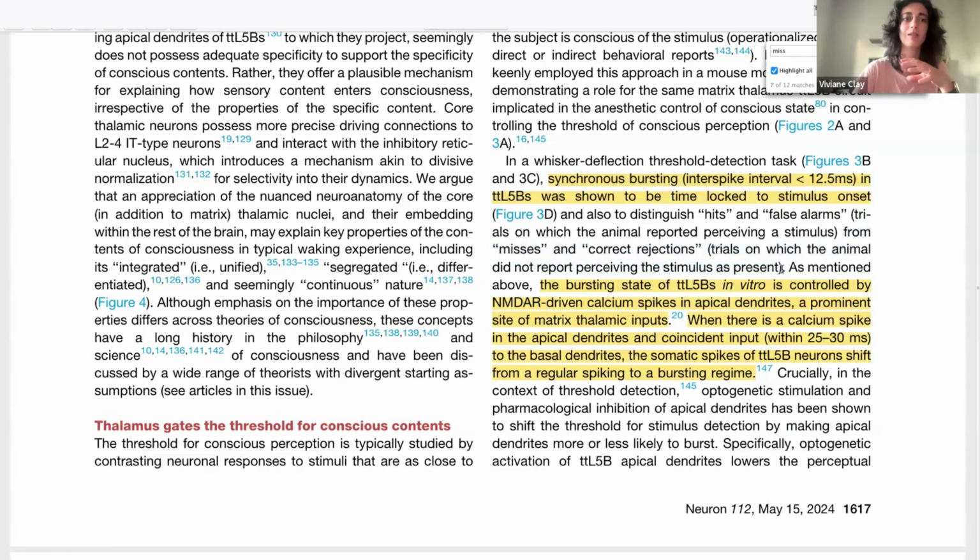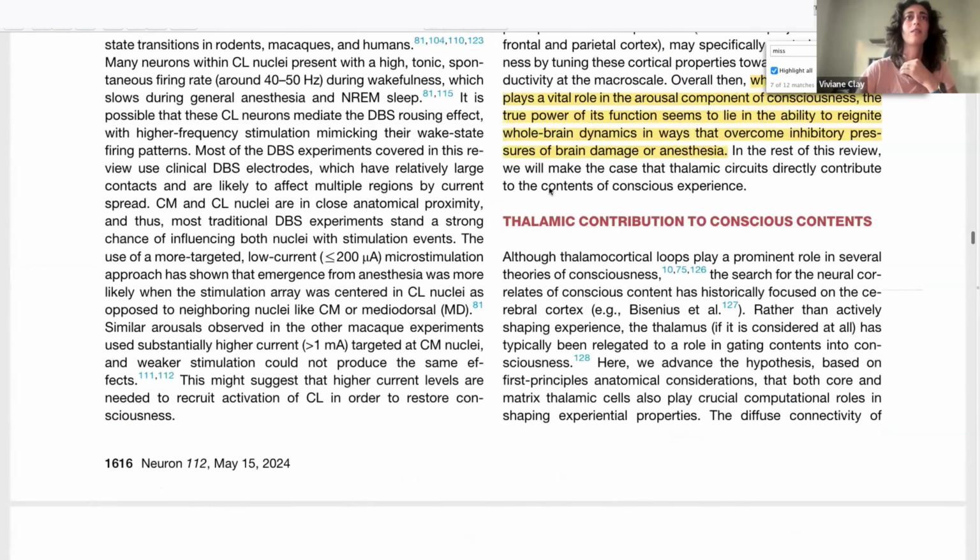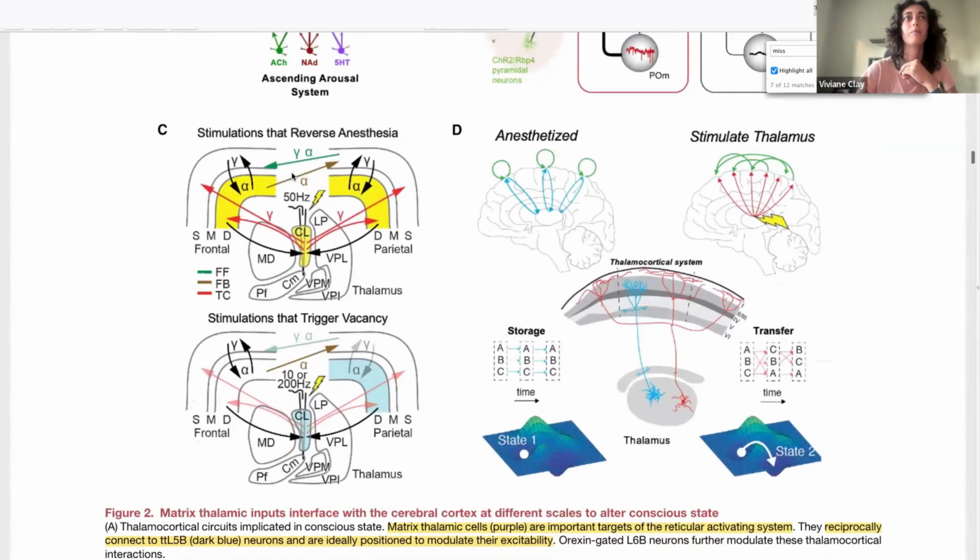So maybe to frame it a bit, this paper is about how that could contribute to consciousness. It's kind of interesting, there's evidence that you can reverse anesthesia by stimulating the thalamus, and also if there's a lesion on both sides of the thalamus, you go into a coma.